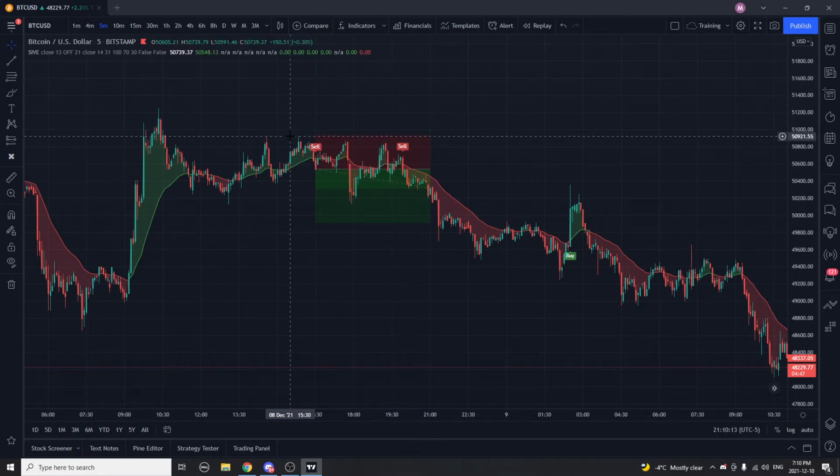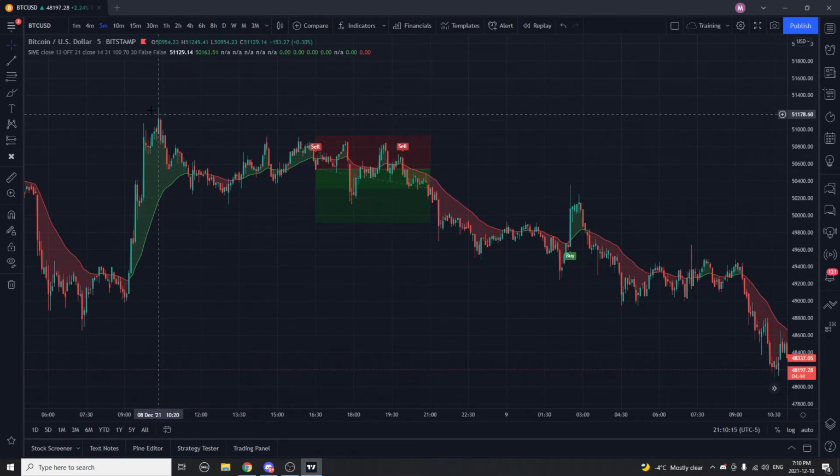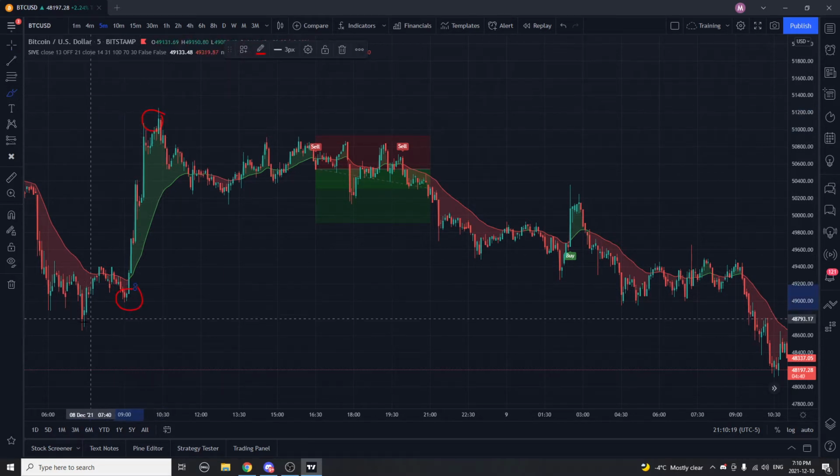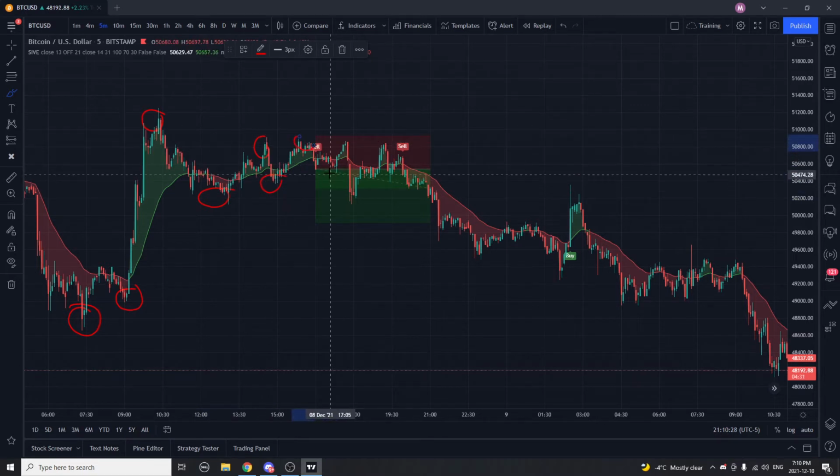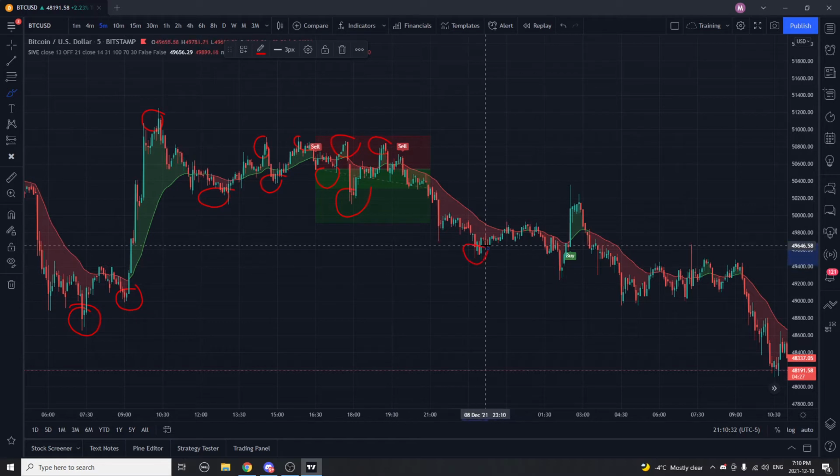And if you don't know what a swing is, that's just the turning points in the market. Like this would be a swing, this would be a swing, but more definitely this is a swing. Swing, swing, swing, swing. It's just the fulcrum points of the market shifting, where price clearly turns around.